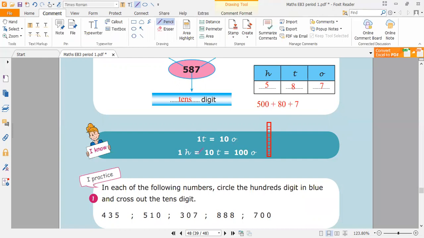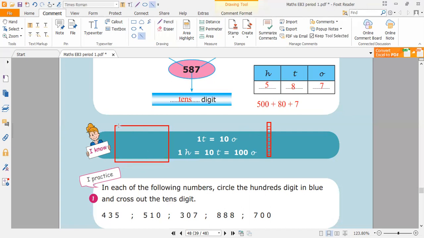Now 100 equals 10 tens equals 100 ones. What does that mean? Do you remember the 100, the flat? So this is the flat, okay? This flat is 100. This 100 has 10 tens.